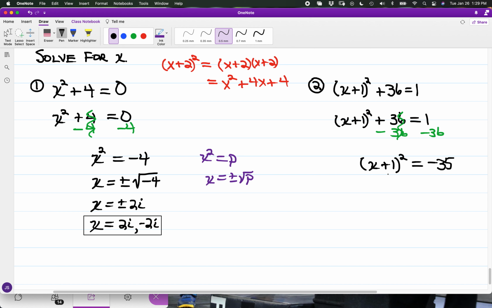And with the square root property of equality, I have x to the second represented by x plus 1 raised to the second, and p is represented by negative 35. So if I drop the degree for x plus 1, going from second order to first order, I have x plus 1 is equal to plus or minus the square root of negative 35.